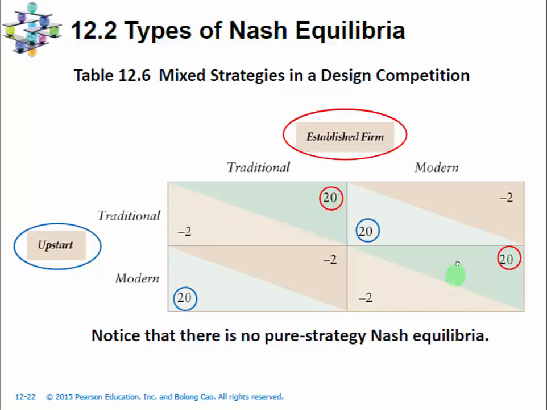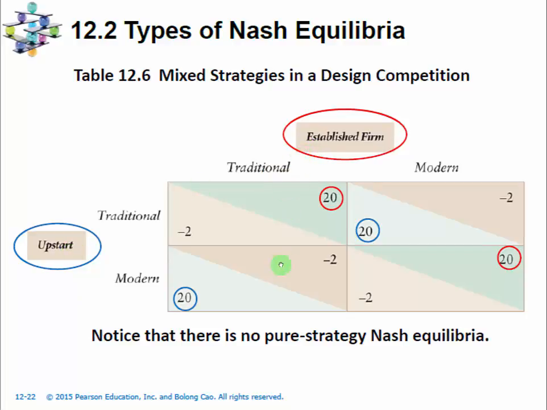If both of them choose to submit a modern design, the established firm will win again. However, if the established firm chooses to submit a modern design, but the upstart chooses to submit a traditional design, the upstart firm will win, and vice versa.